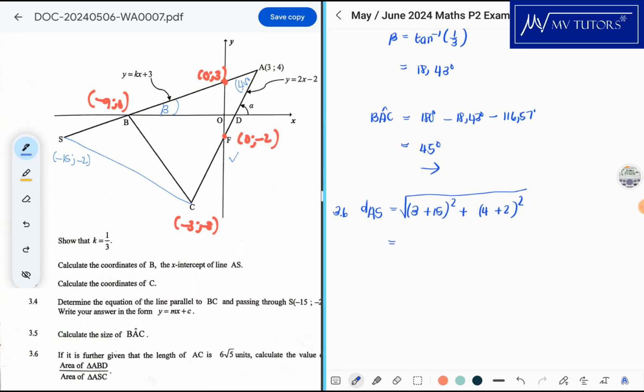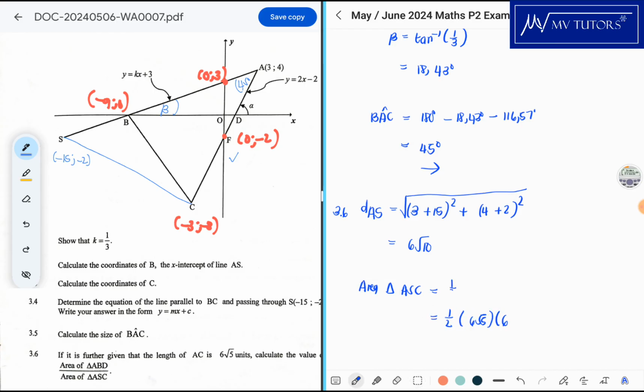Okay, so I have 6 root 10. So now I can get the area of triangle ASC, starting with the easy one. So it will be a half AC, which is 6 root 5. Maybe I should have written it down first before substituting in the values. So let me just put this a bit lower.